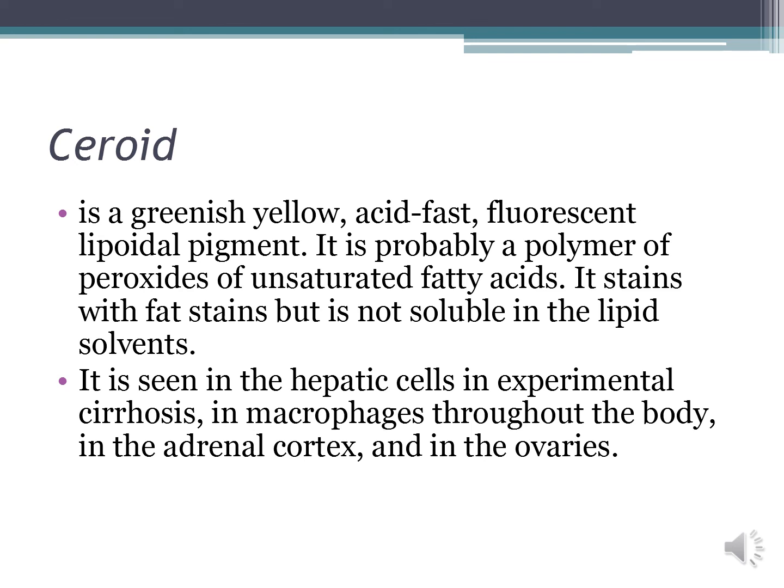It is seen, for example, in the liver, in hepatic cells, in case of experimental cirrhosis, so in various animals due to experimental changes. We can see such pigment in macrophages throughout the body, also in the adrenal cortex, and also we can see it in the ovary.